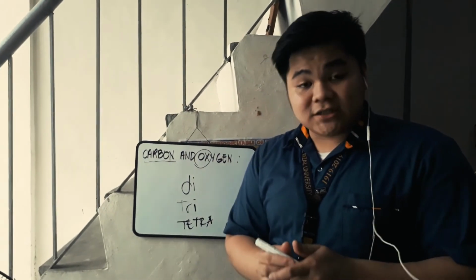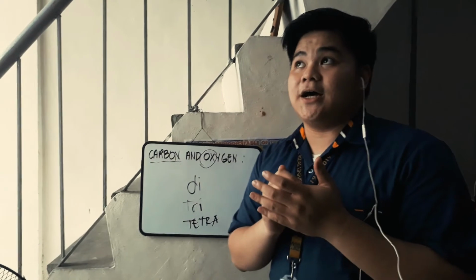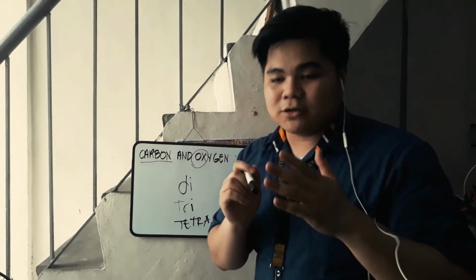And the six oxygen, hexaoxide. The 7 is heptaoxide, hepta. The 8 oxygen we call octaoxide. The 9 oxygen is nonaoxide. And lastly, the 10 oxygen we will now call decaoxide.